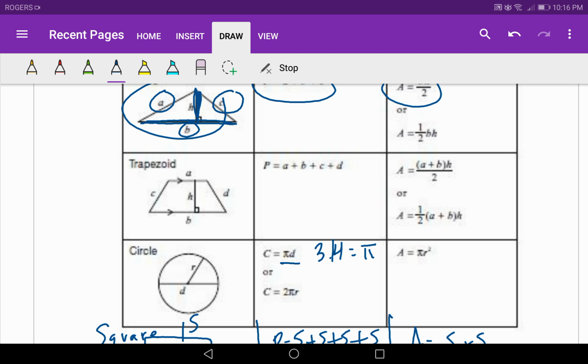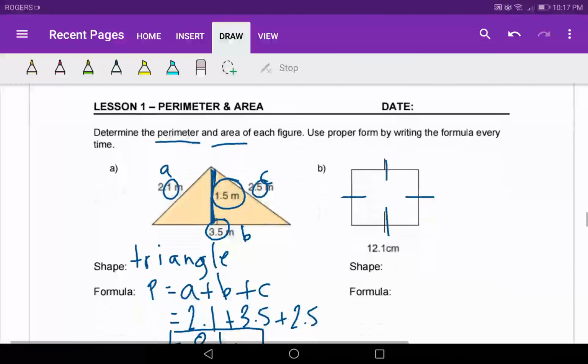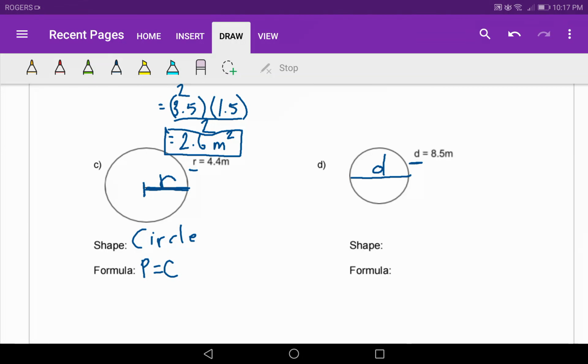So we have the choice here to choose pi times diameter or 2 times pi times r. Which one do you think we should use? Well, I mean, since we were given the radius, it makes sense to use 2 times pi times r. Okay, 2 times pi times r because we were given the radius. So if I come here, I say that C equals 2 pi r, or 2 times pi times r. Plug in your r.